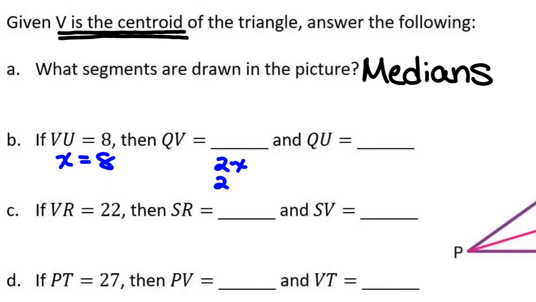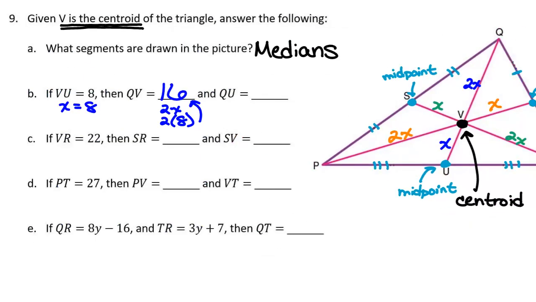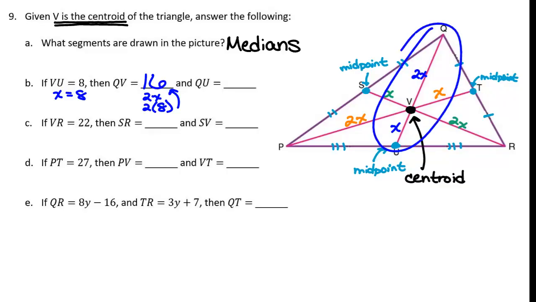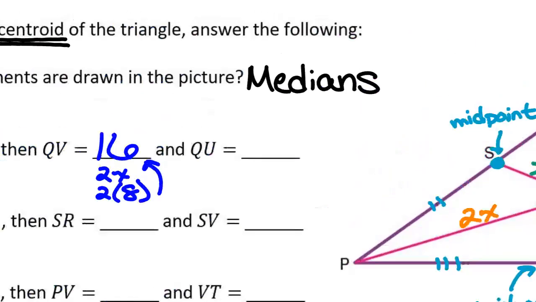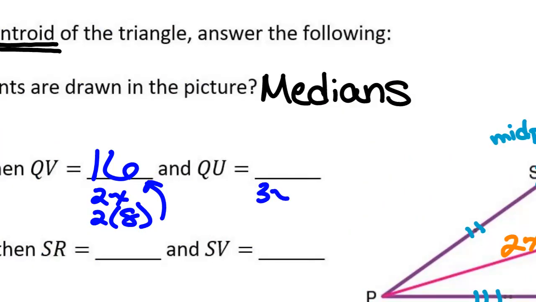We said that x was 8, so this would be 2 times 8. So how big is QV? 16. QU would be this right here, x, 2x, or 3x? 3x, because it's the whole median. So that would be 3 times 8, which is how much? 24.